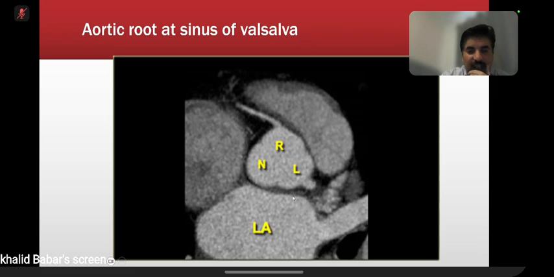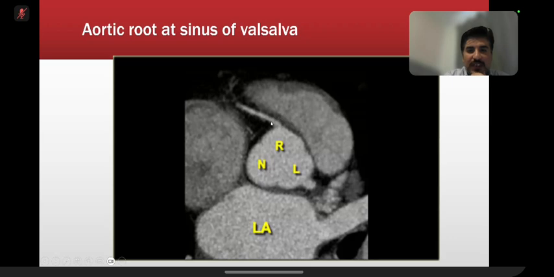The left main artery, or the left coronary artery, which arises from the left coronary cusp, then divides into the left anterior descending artery, which will go in the interventricular groove, and the left circumflex artery, which will go in the left atrioventricular groove. So we call these the three coronary vessels.